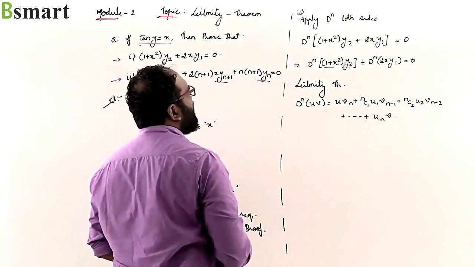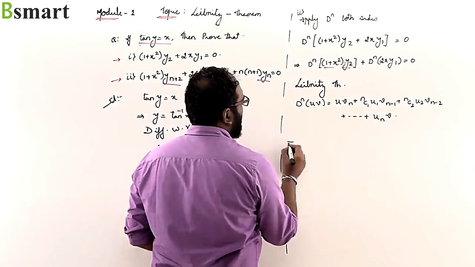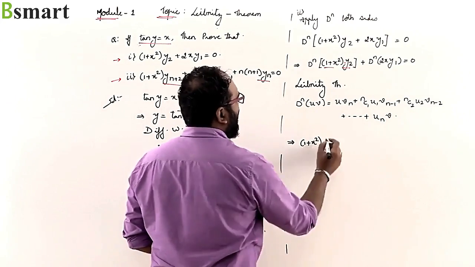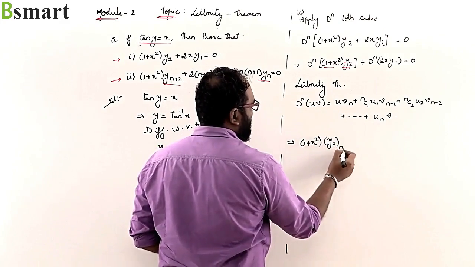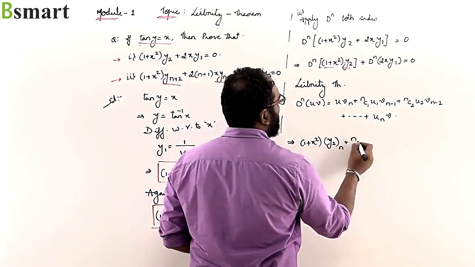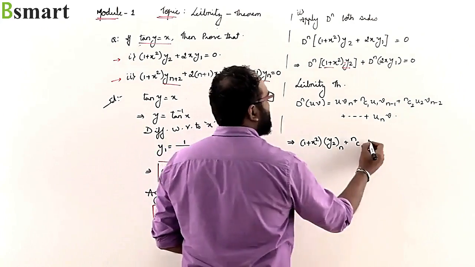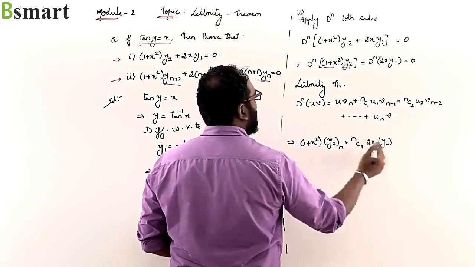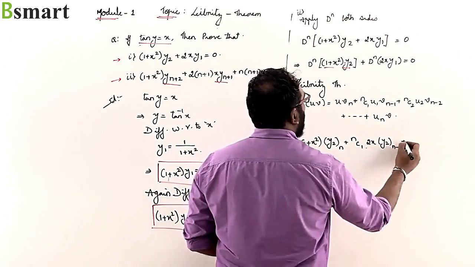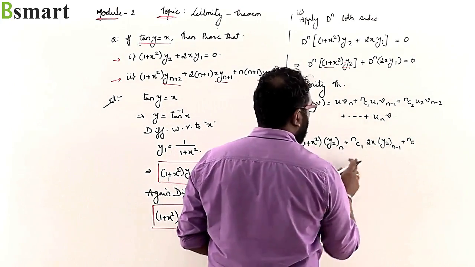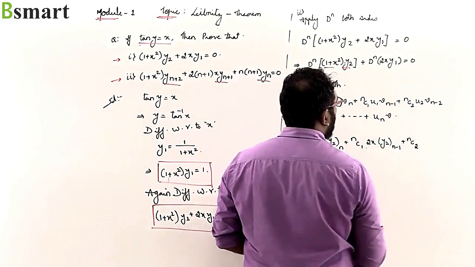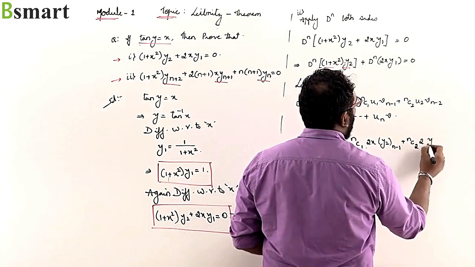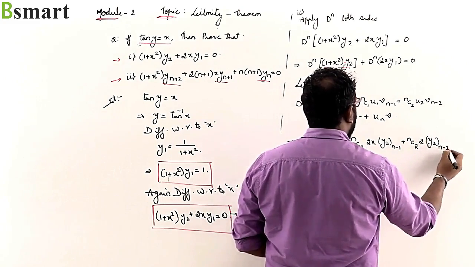Now for the first one, that will be (1 + x²) y₂ of nth derivative, plus nC1 into the derivative of 1 + x², that is 2x, into y₂ of the (n−1)th derivative, plus nC2 into the derivative of 2x, that is 2, into y₂ of the (n−2)th derivative.